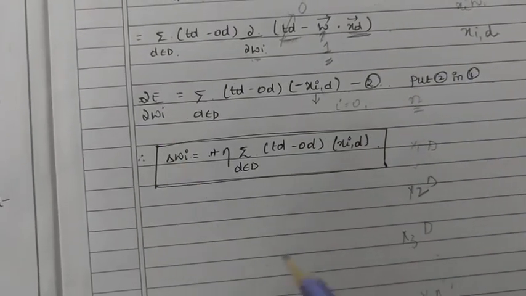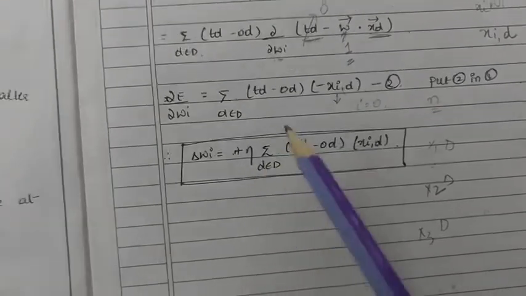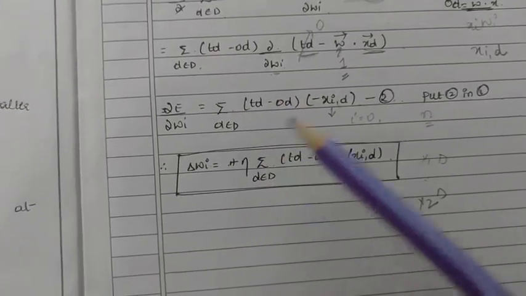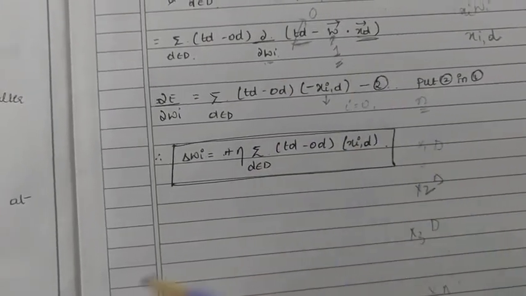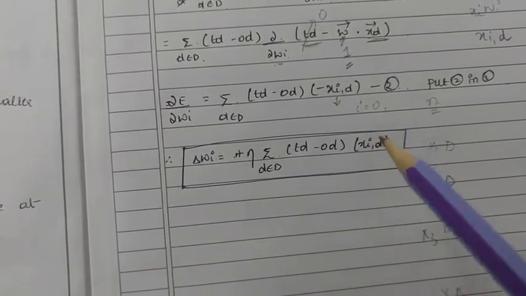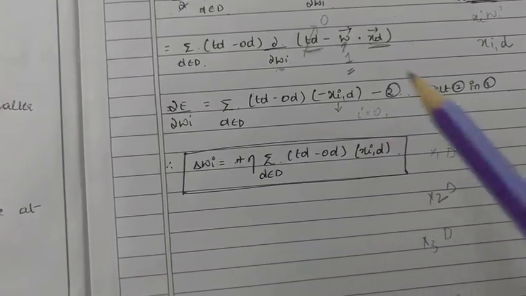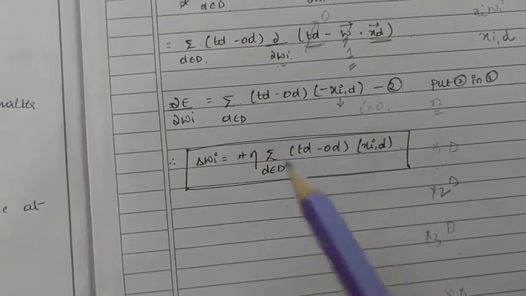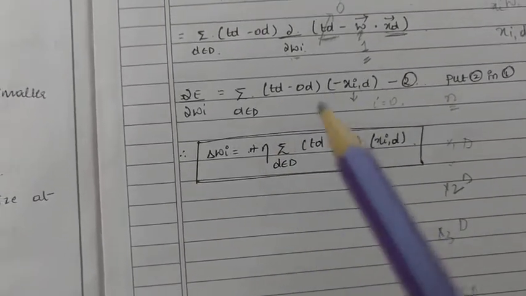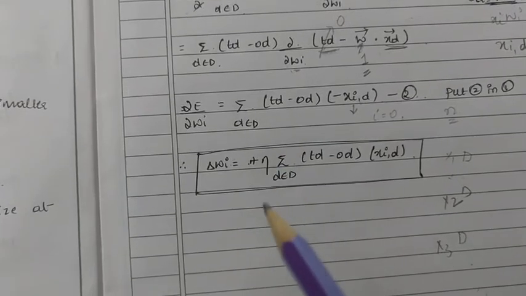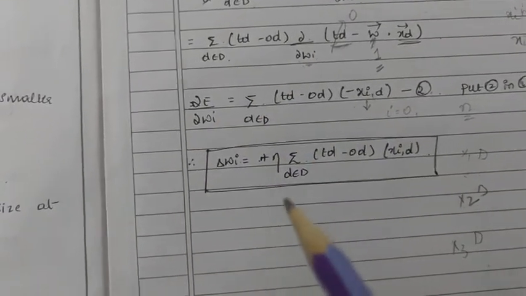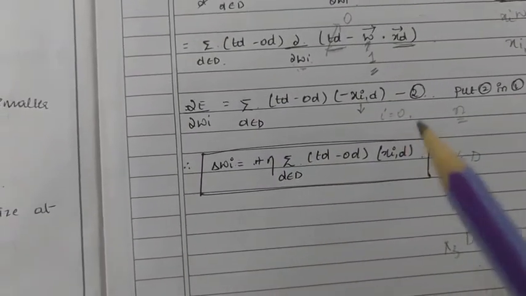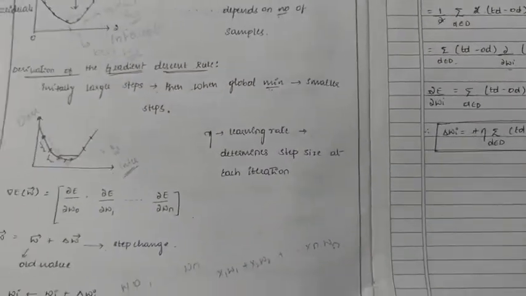This is the value of the weight, that is Δwi. It is nothing but the step change of the weight. This value will be updated every time depending upon the learning rate value, whether the step change should be larger or smaller. So this is the derivation of the gradient descent rule.